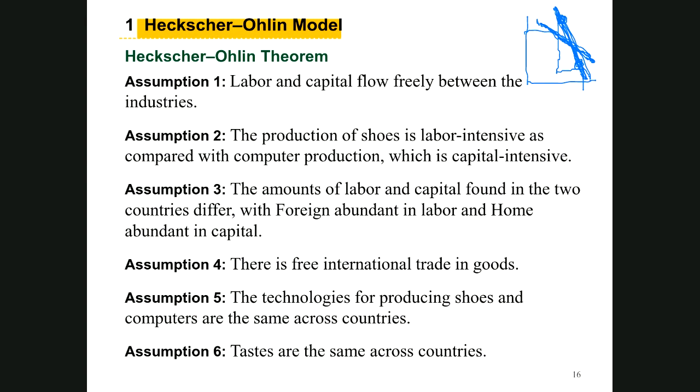And the third neoclassical model that we look at here is the Heckscher-Ohlin model. Basically it's the long-run version of the specific factor model, because now capital is not a specific factor anymore. So both industries right now can use the same capital.